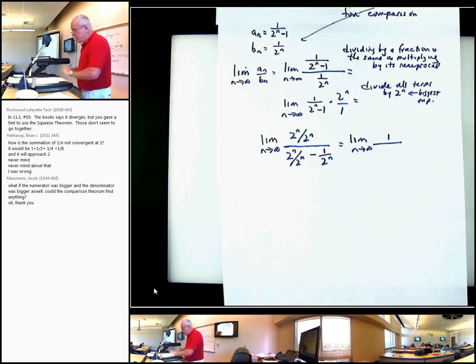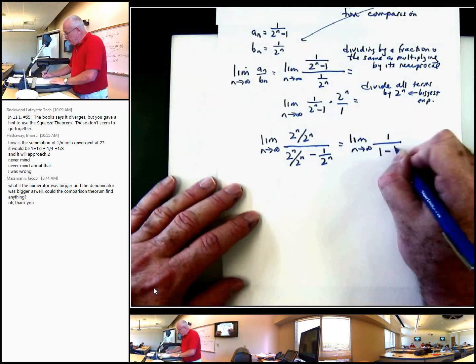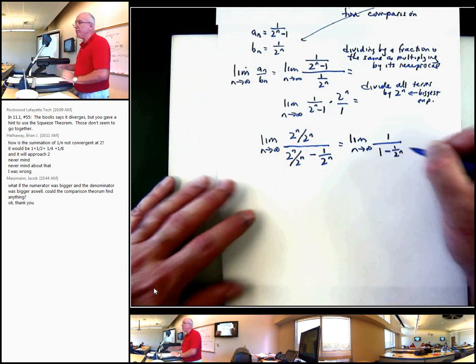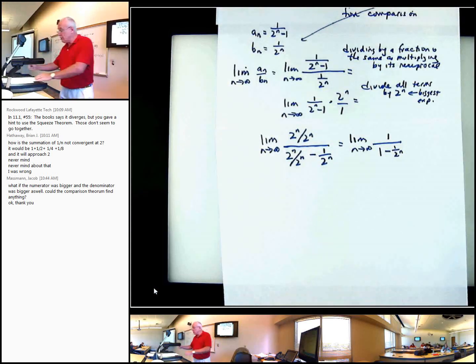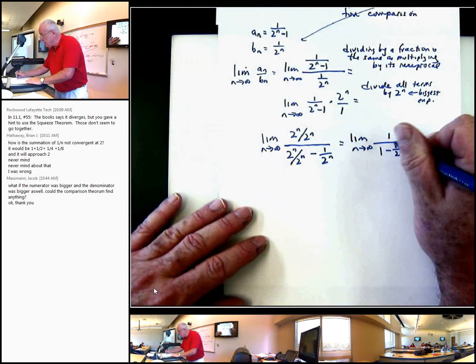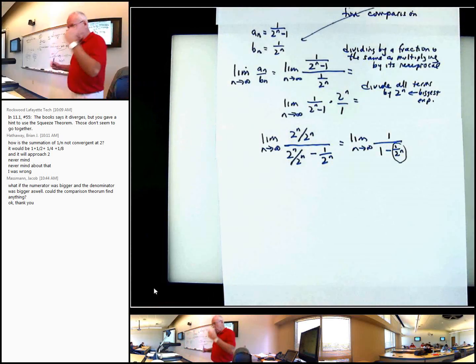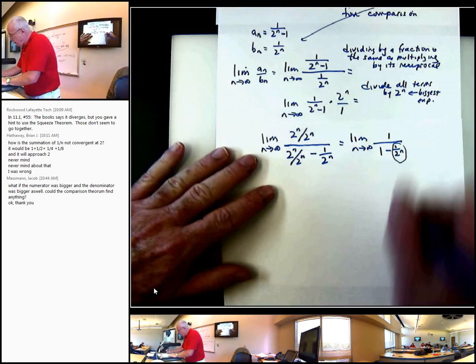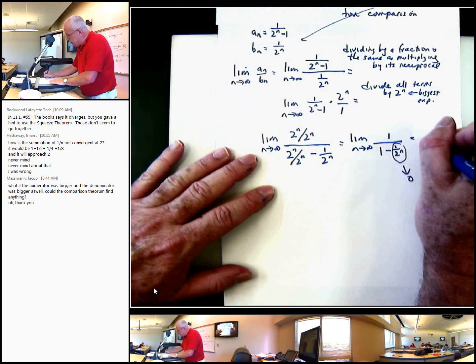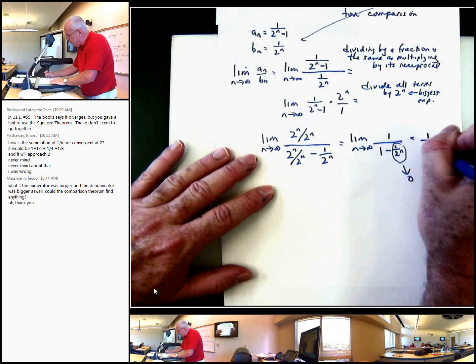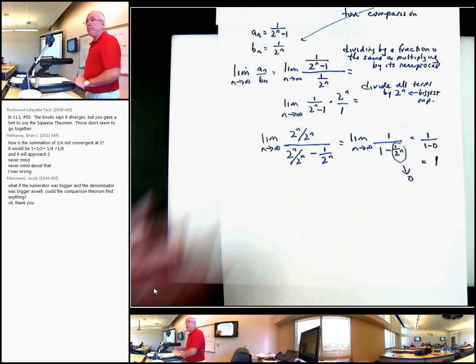The bottom, the first term, is a 1 minus 1 over 2 to the n. So what does this go to as the exponent gets bigger and bigger? 0. Goes to 0. So therefore, this limit is 1 over 1 minus 0, which is 1.